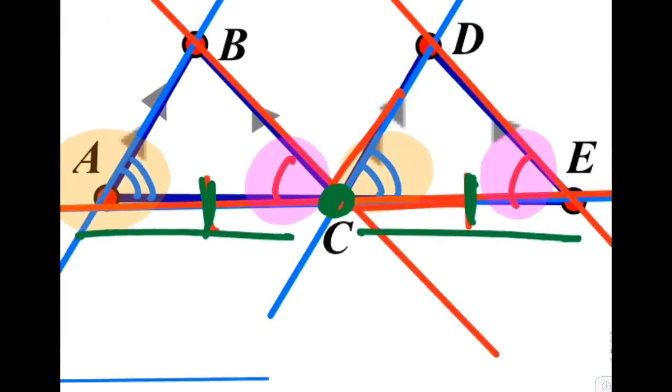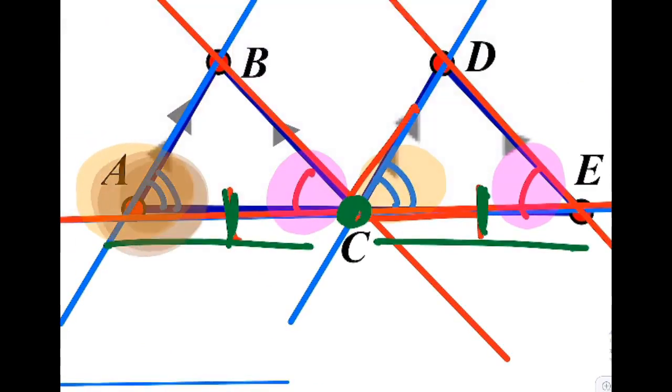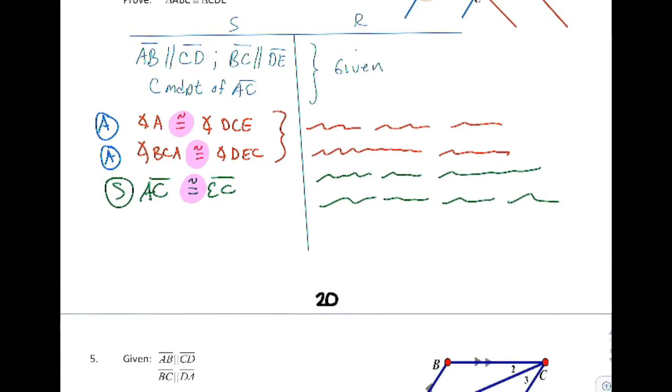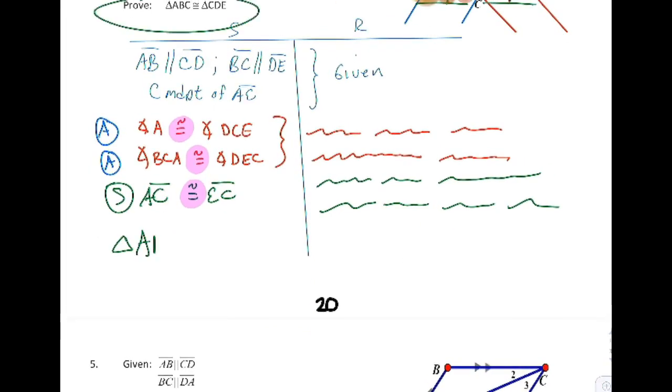Let's see what the actual order is here. I have an angle, side, angle. So the prove line is up here. Triangle ABC is now officially congruent to triangle CDE because angle, side, angle.